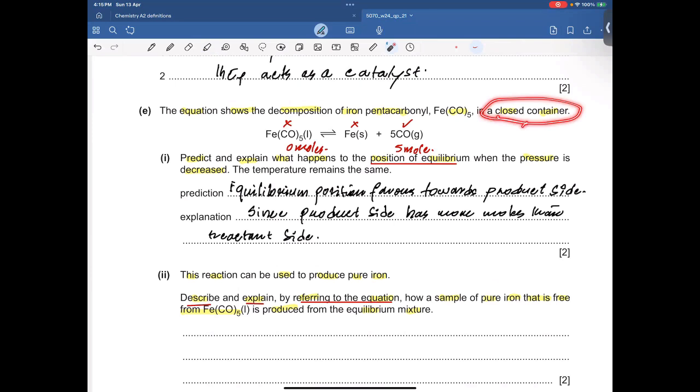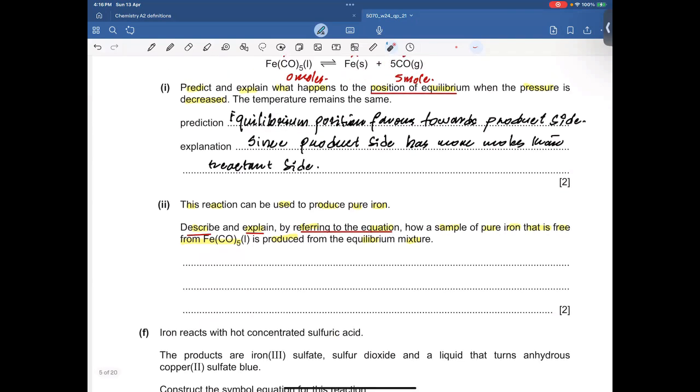And the examiner is looking for pure iron which is free from this compound, I mean, free from iron pentacarbonyl, which means this reaction needs to be conducted in an open container. If it is in an open container, then obviously carbon monoxide is given off. When carbon monoxide is given off, the position of equilibrium favors the right-hand side. So in an open container, only iron exists. All right.